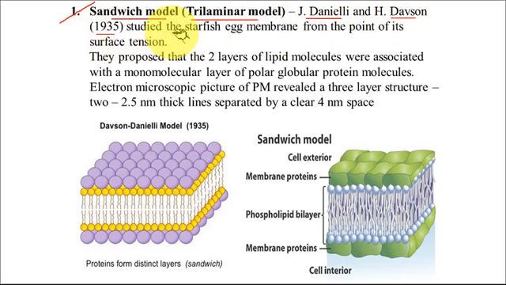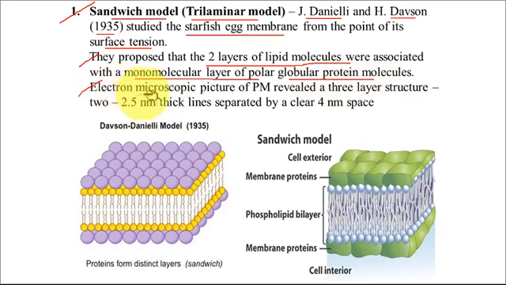They studied the plasma membrane in the starfish egg membrane from the point of its surface tension. They proposed that two layers of lipid molecules were associated with a monomolecular layer of polar globular protein molecules.